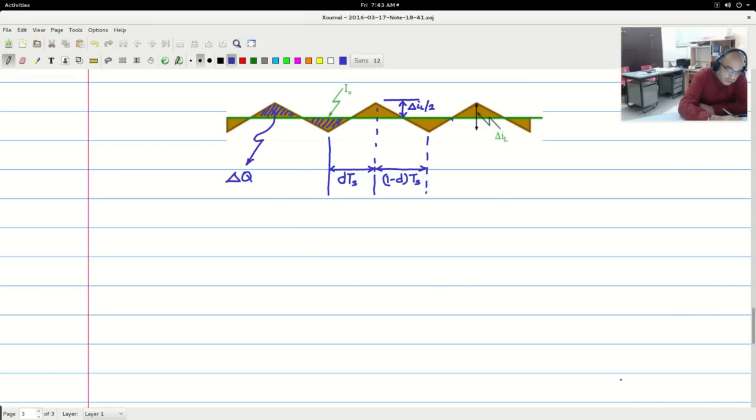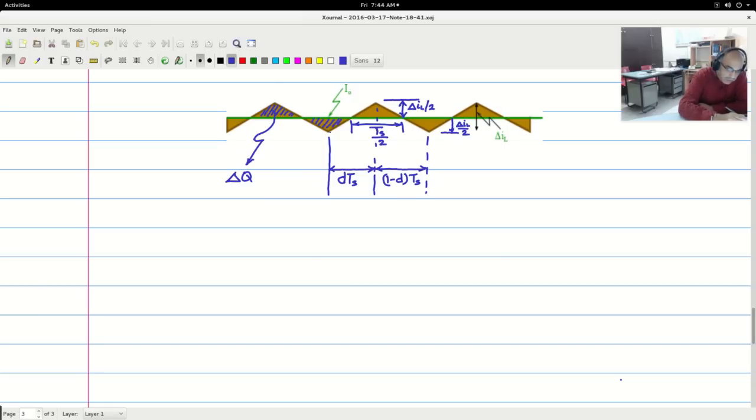The height of this part of the triangle is also delta IL by 2, and therefore the bases are also equal because they are similar triangles. The height is the same, and you can easily say that the base is Ts by 2.